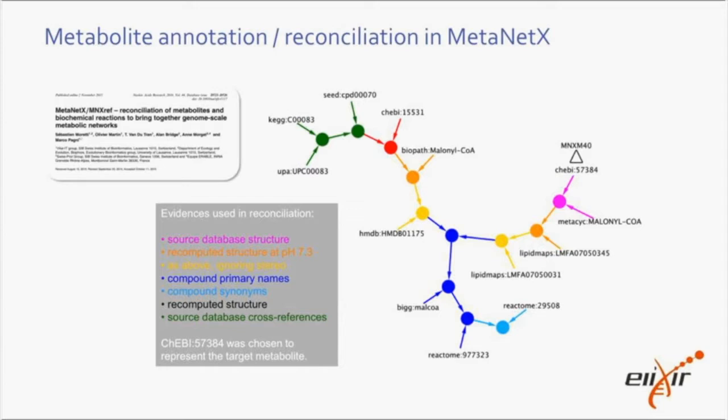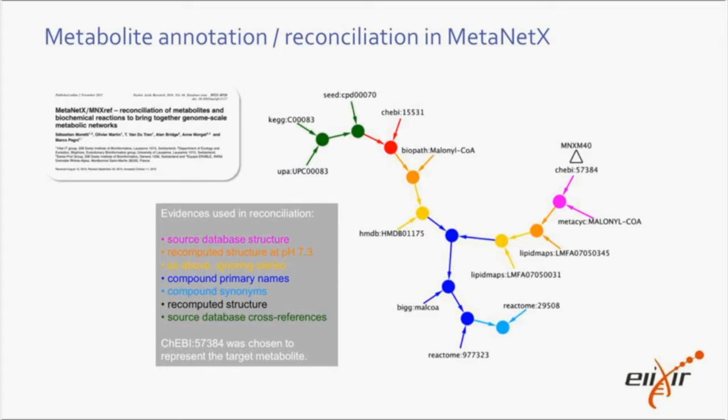And this namespace is created by merging metabolite data from a large variety of resources, including ChEBI, which is included in this implementation study, but also many other resources worldwide, such as, for instance, MetaCyc in the US, KEGG in Japan. And it includes not only knowledge bases, like those I just mentioned, but also modeling platforms, like, for instance, the BiGG modeling platform, which is maintained in the US, and also SEED.